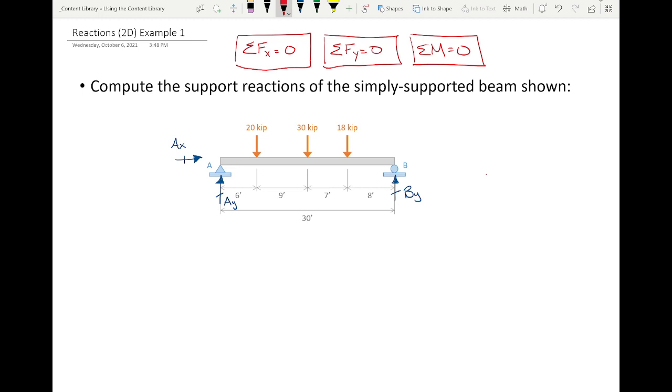How many unknowns do I have? 3, right? Okay? There is a name for when that happens. Whenever the number of equations matches the number of unknowns, that system is statically determinate, okay? I'll write that out, statically determinate.